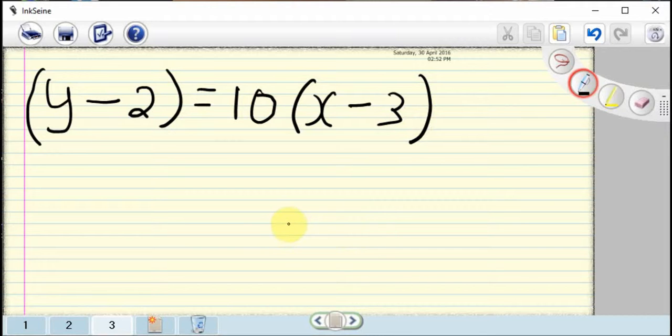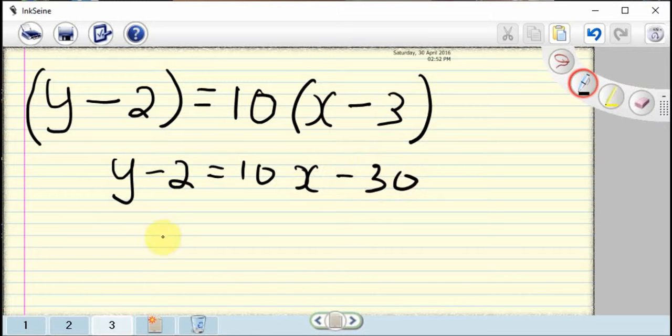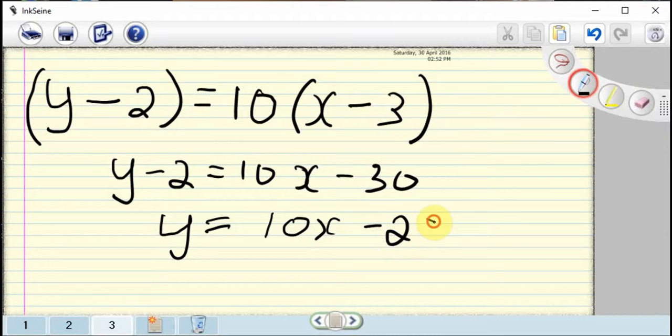And we simply expand and simplify, making y the subject. So that is going to be y minus 2 is equal to 10x minus 30, which implies that y is equal to 10x minus 28.